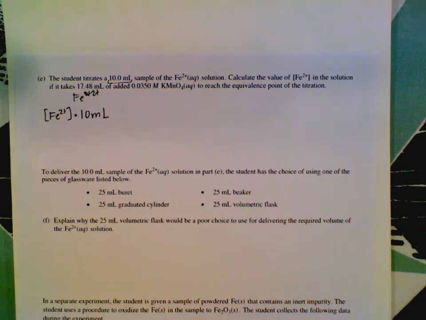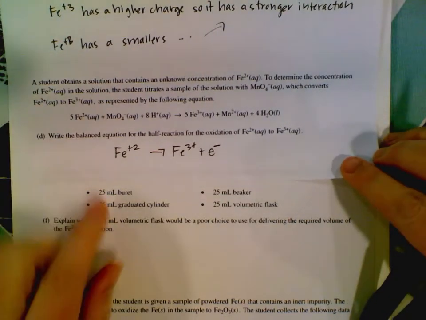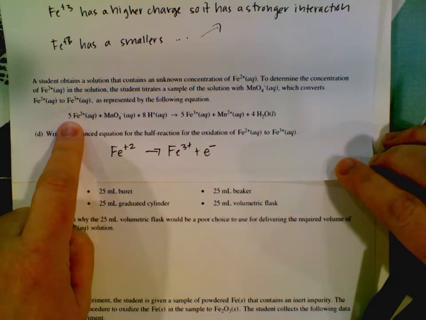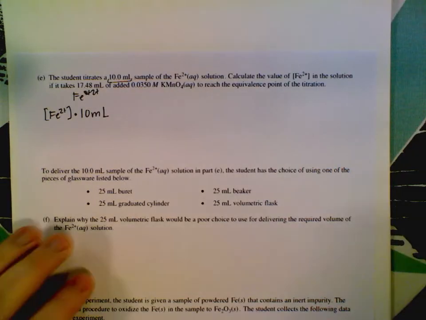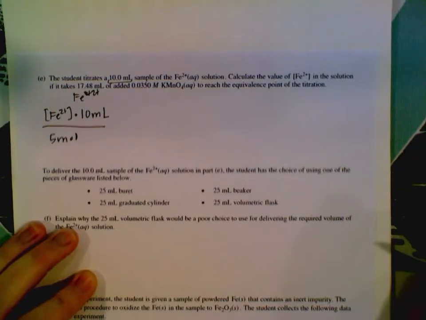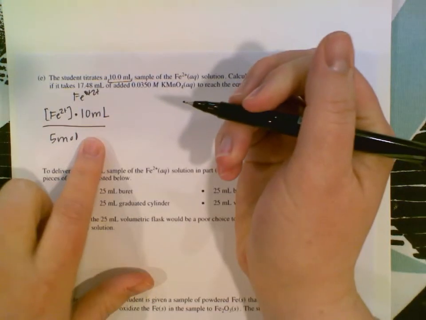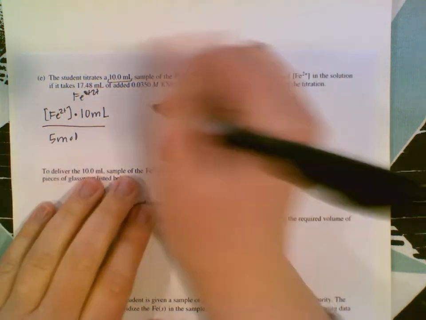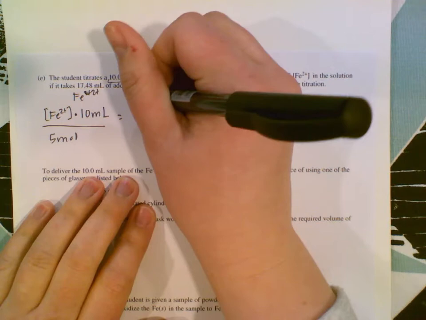You have to include the mole ratio numbers. And that goes back to your problem from the previous part. It tells you that there is a coefficient of 5 in front of the Fe. So I'm going to divide that by 5 moles. Okay, now technically it's 5 moles of iron, but you can just leave it since this is the iron side. Now I am titrating it with the potassium permanganate.